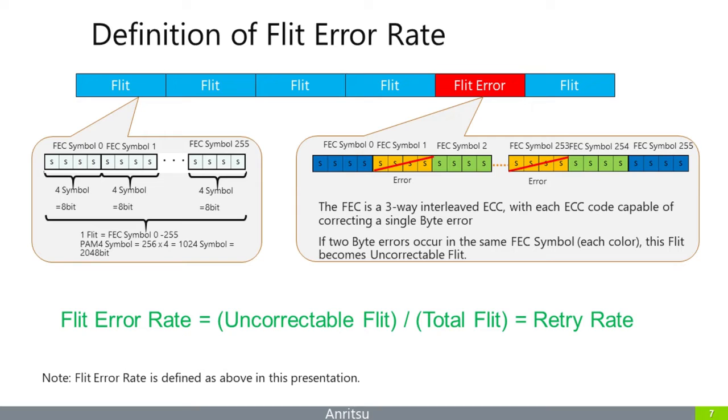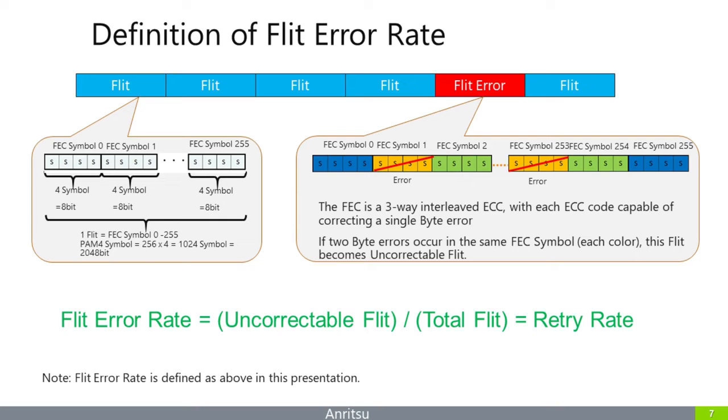One error in 1 FEC symbol is just 1 FEC symbol error, regardless of the number of bit errors in that symbol. If you have 1 bit error, it's 1 symbol error; even if all 8 bits are errors, that is just 1 symbol error. Then contiguous 3-byte errors of FEC symbols can be corrected by FEC.